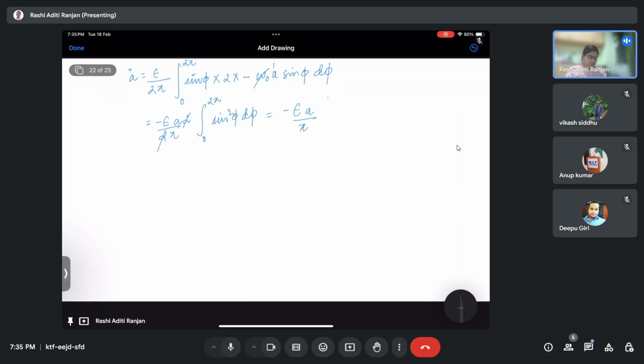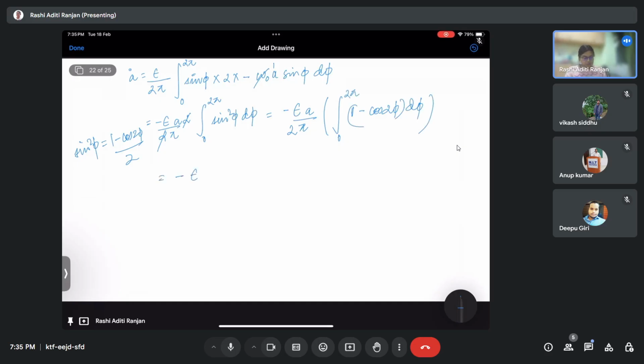And what we can do is convert sine square phi using the trigonometric identity. Sine square phi is equal to 1 minus cos 2 phi by 2. Okay, so 2 will come out and hence we are going to have integration of 1 minus cos 2 phi d phi from 0 to pi.